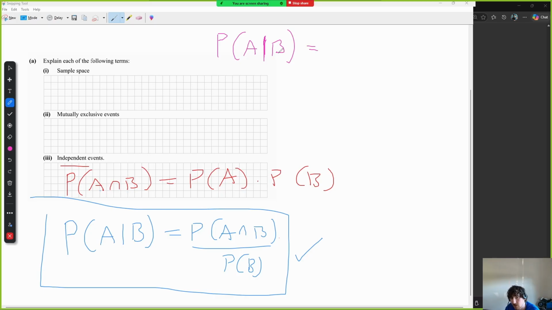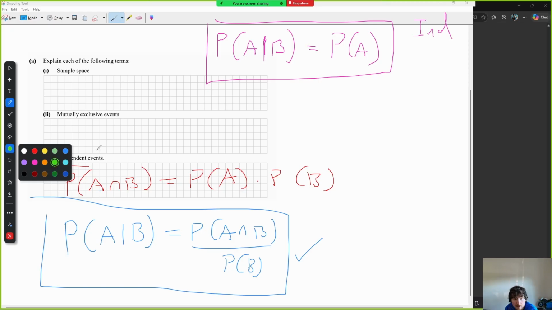If B occurs, they're independent, so B can happen and it will not change A's probability of happening. So this is actually just equal to the probability of A. Think about it. It doesn't matter that B has happened, or even if B has not happened. It's still the probability of A because they're independent. So this up here, that in pink, is only true if A and B are independent. Hopefully that makes sense to people.